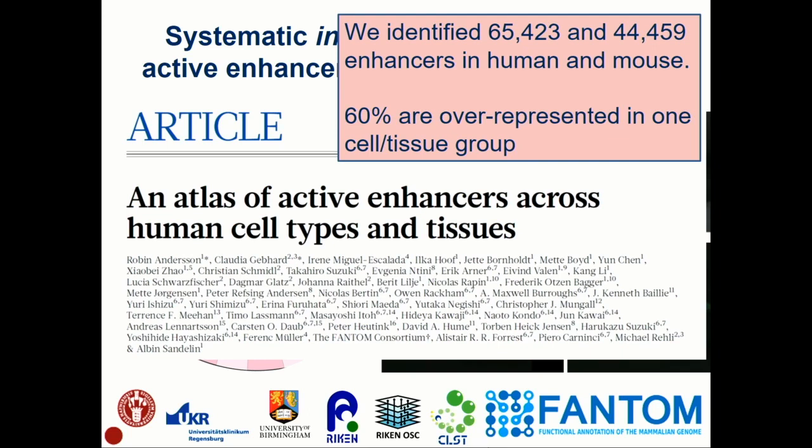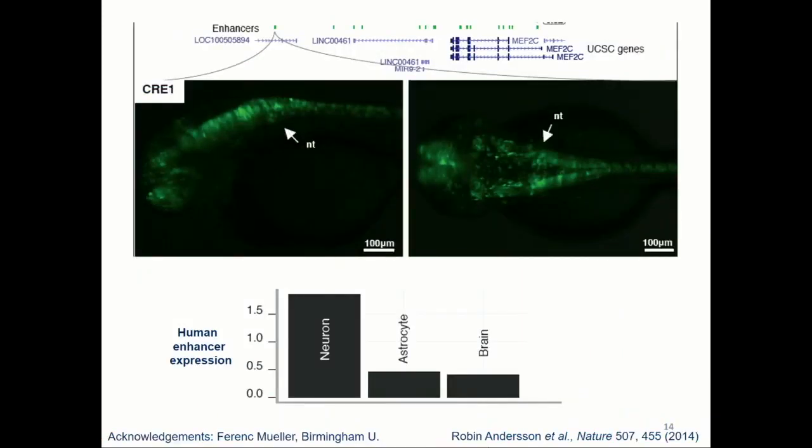This is also quite important if you look at the ENCODE consortium. There is a larger set of enhancers, but many of them are coming from cell lines, and they do not cover the variety of the FANTOM catalog.